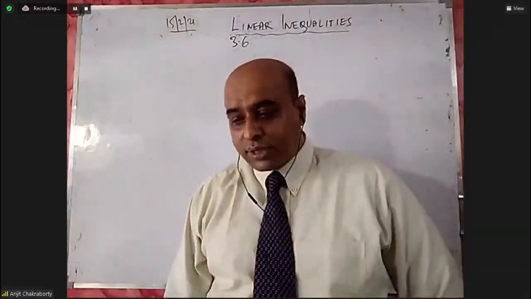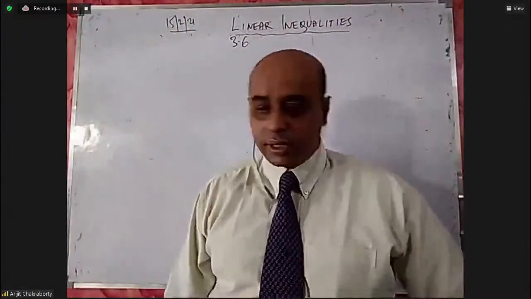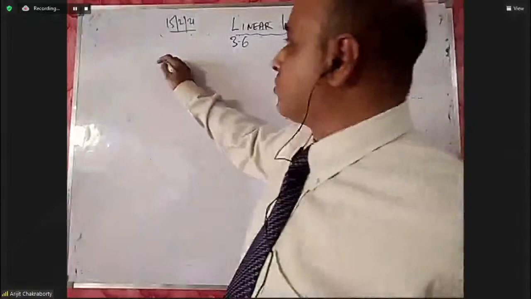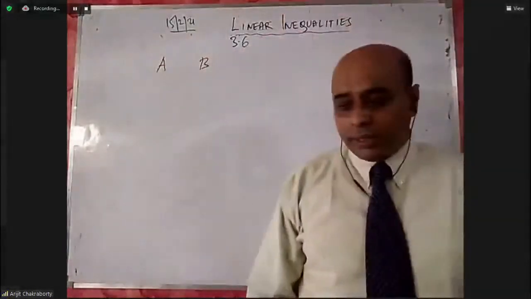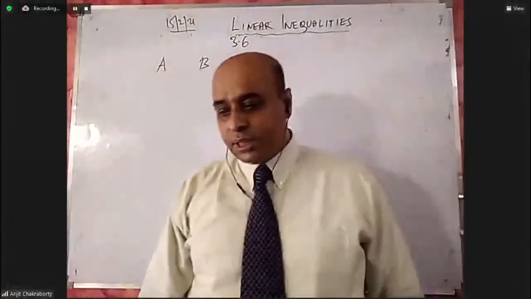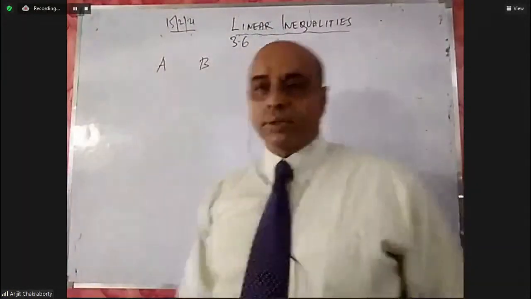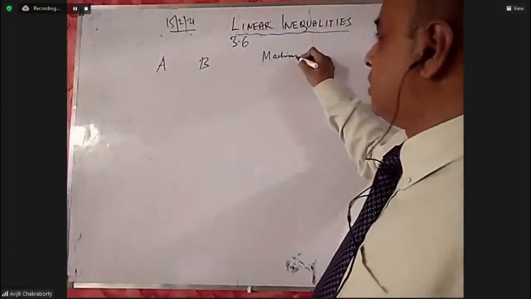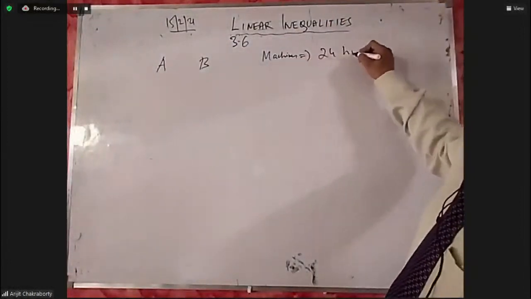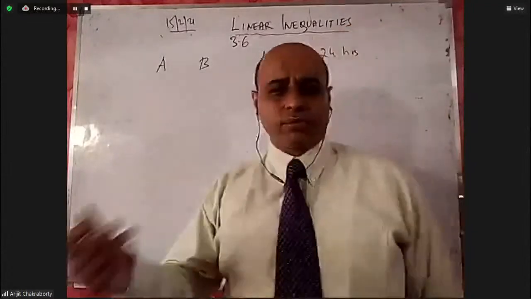Now, a manufacturer produces two products, A and B. So I'm writing two products, A and B. And they have machines which can run for 24 hours in a day. So the machines can run 24 hours in a day. Fine, non-stop, 24/7.